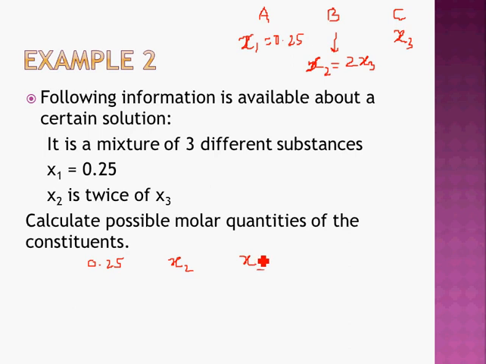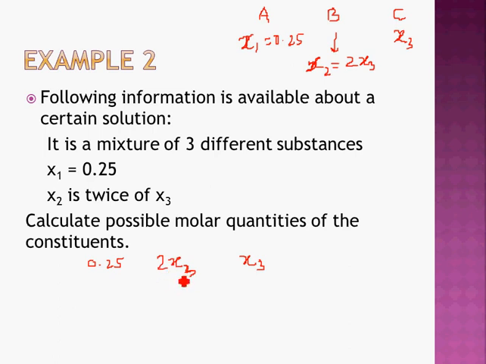So what I have is two variables, X2 and X3. To solve for two variables, you need at least two different equations. If you had three variables, we would have needed three different equations. In this case we can easily eliminate X2, because X2 is twice of X3.